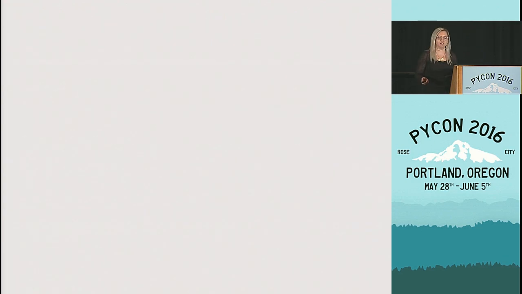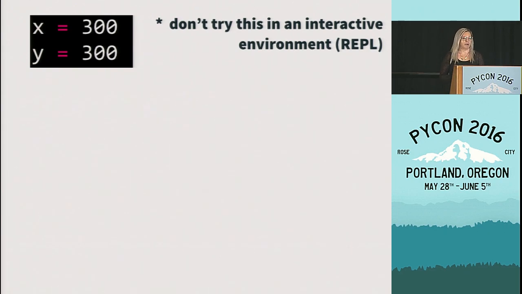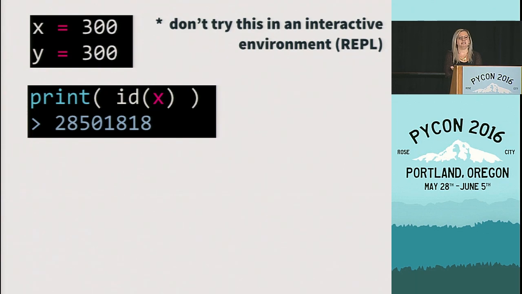Let's take a little bit of a peek under the hood, and as a warning, don't try this example in the interactive environment or the REPL. So if I have my x and y equal to 300, we can take a peek and see what memory location that object lives at by using the identity function, id.